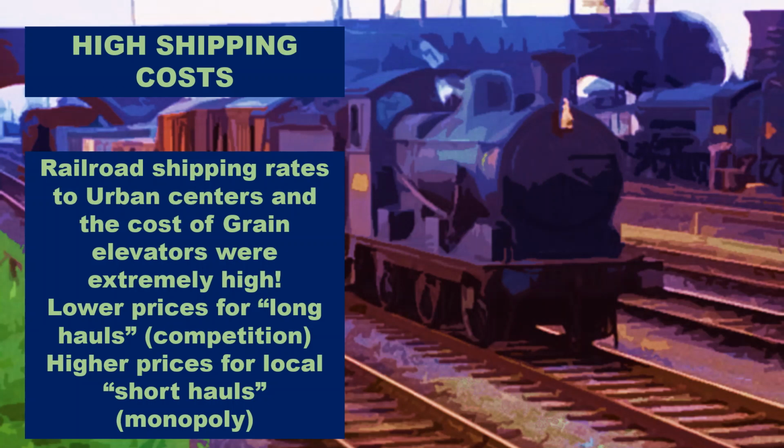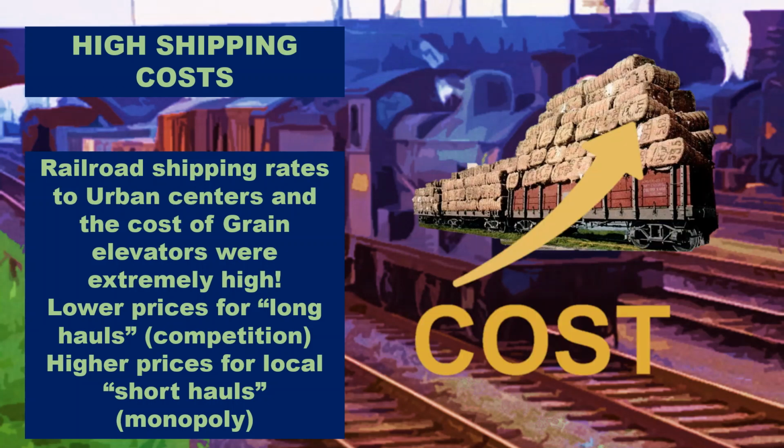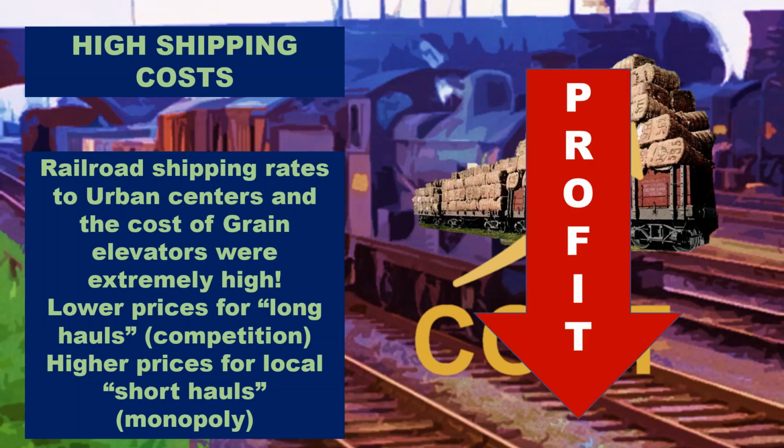While there were only a few companies or even monopolies providing the service for short hauls, competition kept long hauls cheaper and more accessible. Individual farmers were too small to negotiate better rates with railroad companies. Shipping products to urban markets drastically increased the cost for farmers, who again saw their profits decreasing even more.